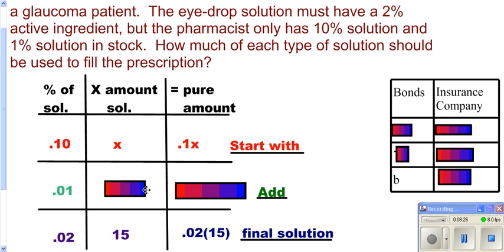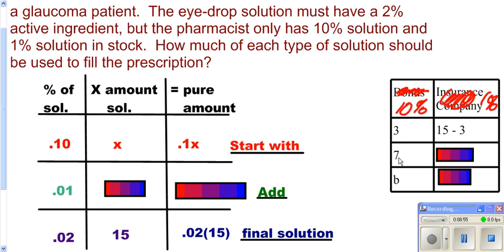Well, what are we going to put in here? Well, oops, I guess I forgot to change this from the last problem. Well, if we started out with 3 milliliters of the 10% solution, we would then have 12 over here for the 1% solution, because you take 15 minus 3.